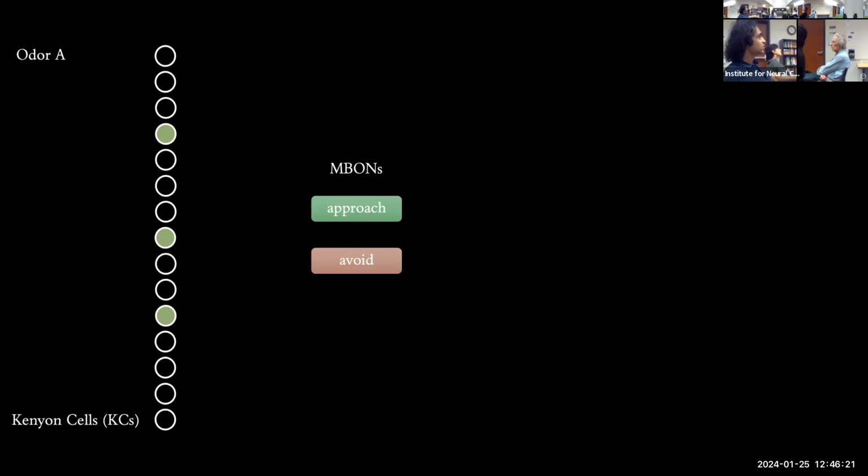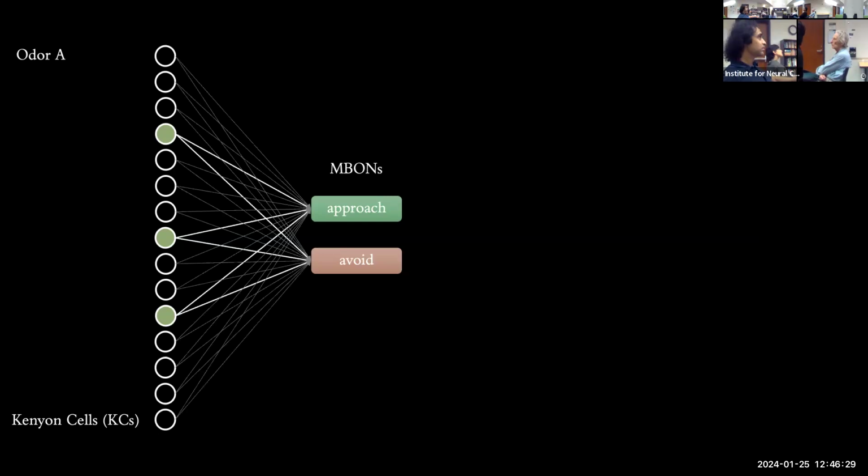I'm showing 2 MBONs here, one for approach behavior and one for avoid behavior. The Kenyon cells and MBONs make all-to-all connections. And I'm highlighting here the connections between the Kenyon cells activated by this odor A and the MBONs.